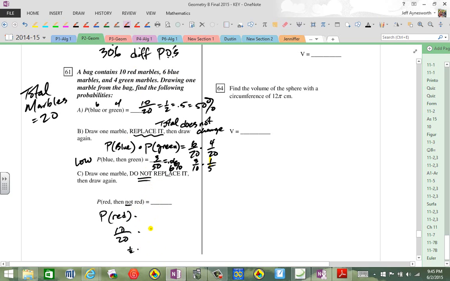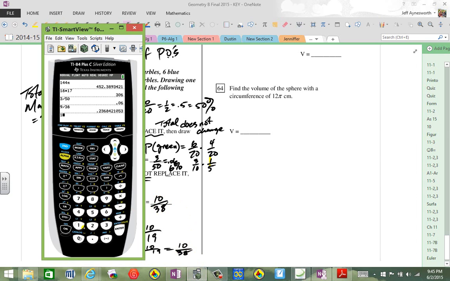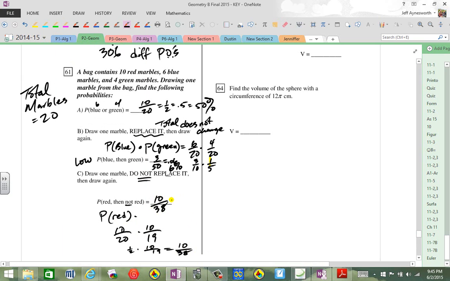So that's 10 out of 19. So that's 1/2 times 10/19. That's 10/38. What is that? 10 divided by 38 is 0.26. So 0.26 or 26%.